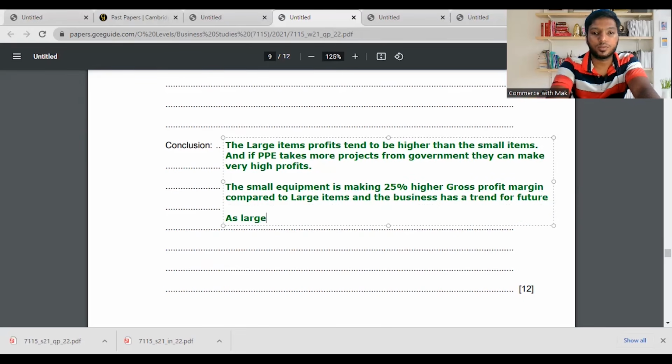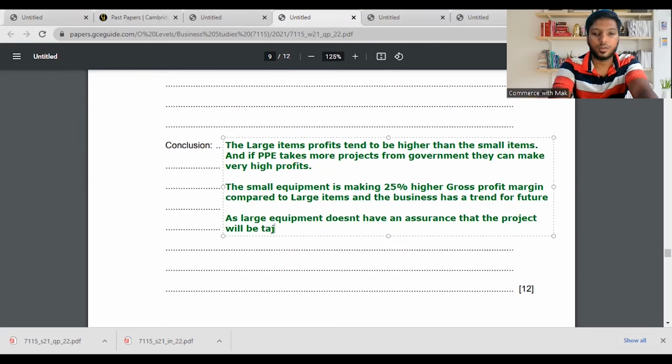As large items, large equipments, doesn't have an assurance that the project will be taken by PPE, it's better PPE choosing small equipments in production.